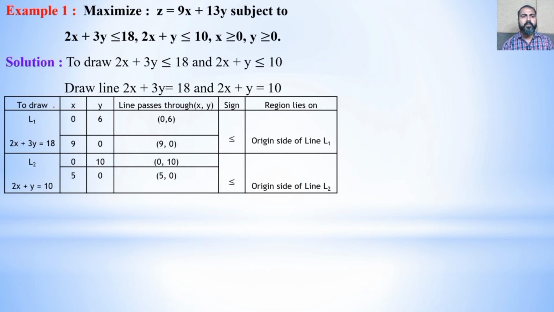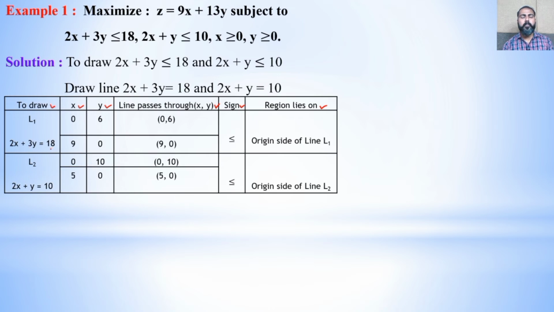Table consists of first column lines, second column its abscissa, third ordinate, fourth column line passes through the point, fifth column sign of the inequation, sixth column its region. Here first line L1 is 2x + 3y = 18.